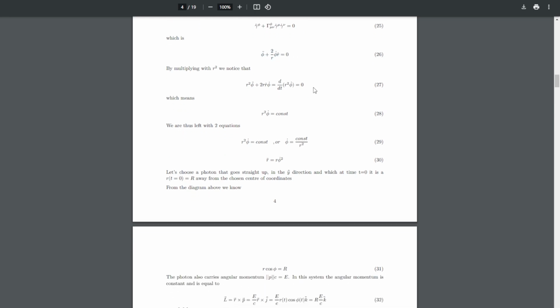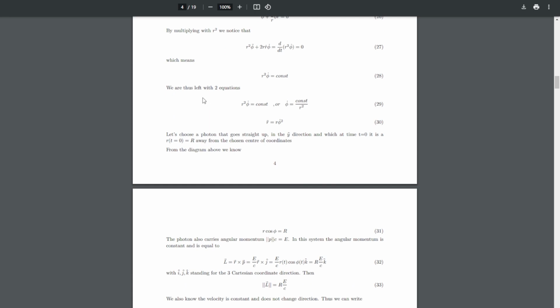If we multiply by r squared, we notice that r squared phi dot equals a constant, so there is an invariance. This is the invariance related to the angular momentum of the photon.